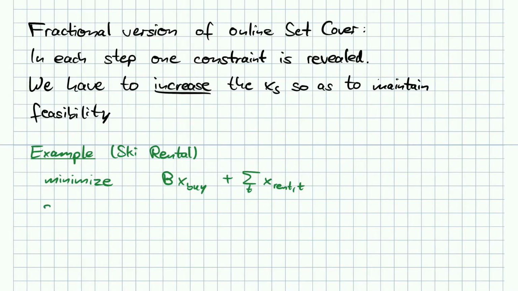And what are now our constraints? We'll have for every day the constraint that x_buy plus x_rent_t will have to be at least 1 for all t. And also that these are non-negative.